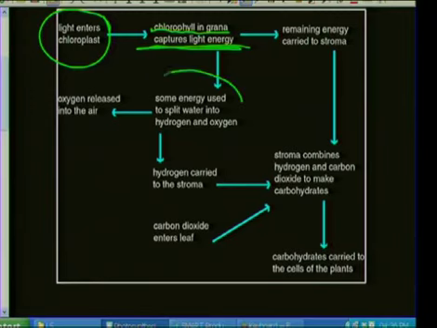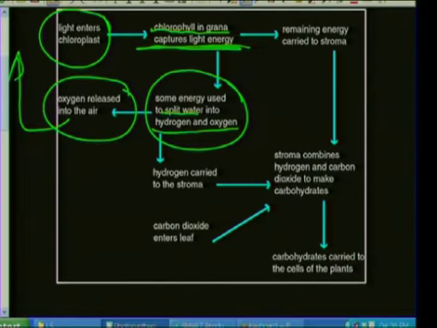Some of this energy is used to split water into hydrogen and oxygen. The oxygen is released into the environment. The hydrogen is carried to the stroma. Alternatively, the energy could also be carried into the stroma as ATP.